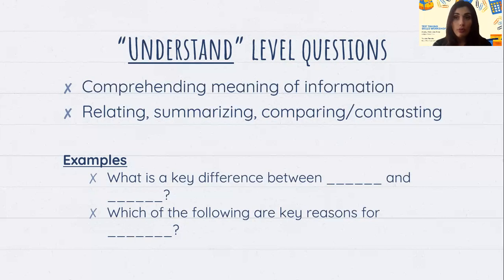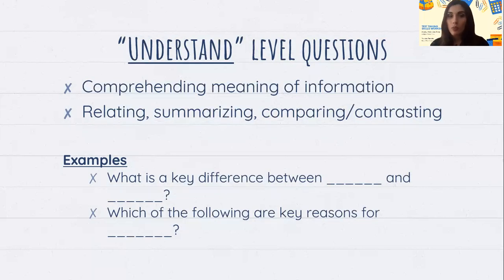And so here are 2 examples of understand level questions. What is the key difference between blank and blank? In this example, you have to understand what the first blank is, and you have to understand what the second blank is, and you have to know what the difference is between the 2.